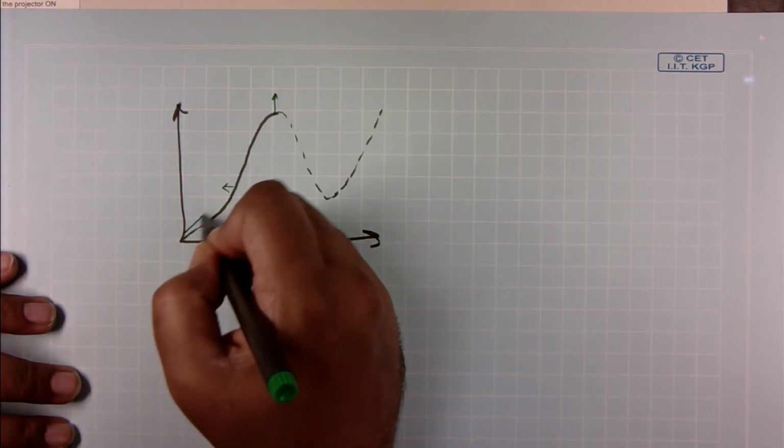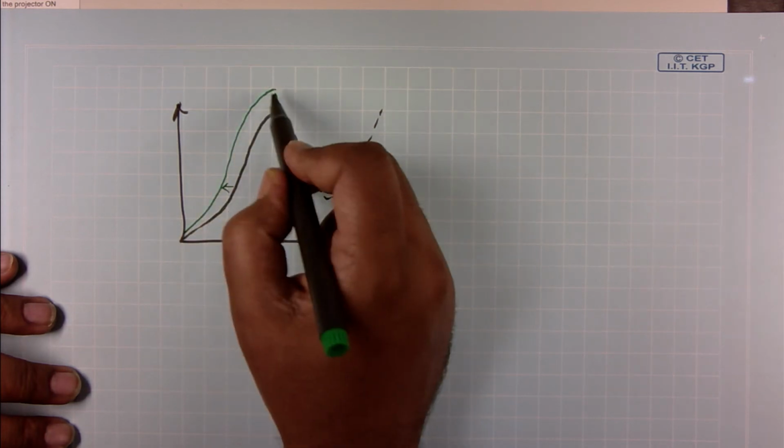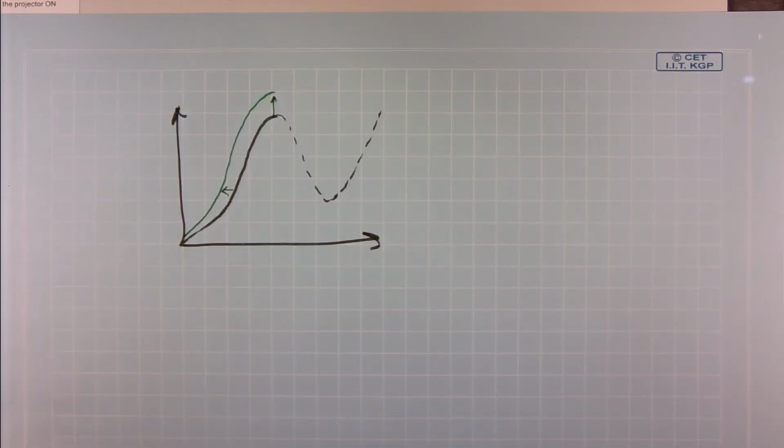I would start from here and maybe go there. So, am I going to achieve that using microporous substances? This is where I will now show you a plot.